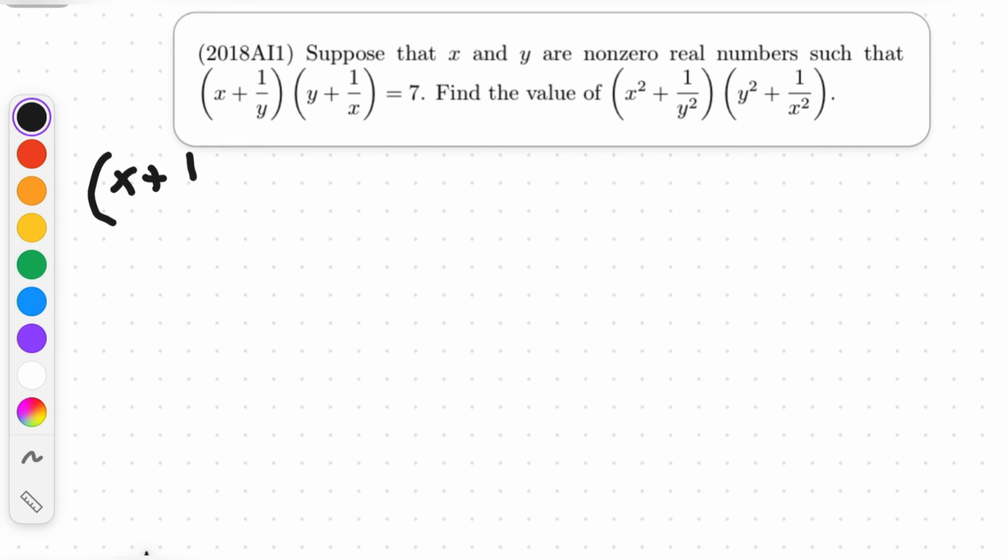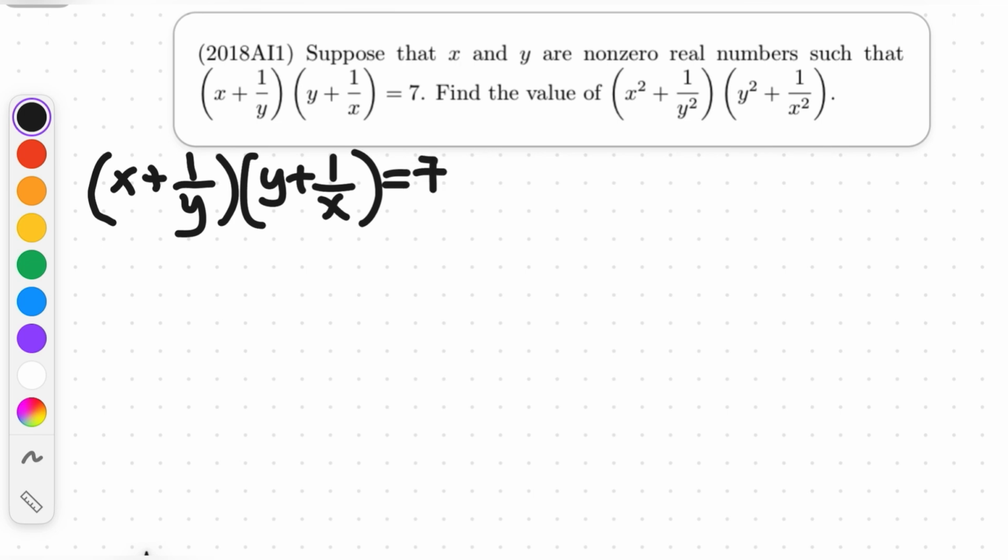So we begin by looking at this expression that we're given, x plus 1 over y times y plus 1 over x equals 7. And what we're going to do is expand the left side. We're going to do the multiplication.